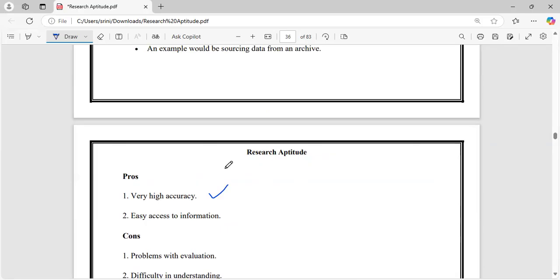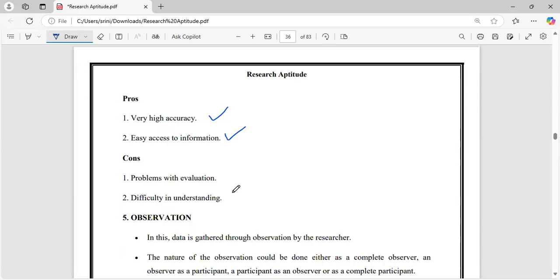So it has high accuracy, and easy access to information is available. Disadvantages include problems with evaluation and difficulty in understanding, because it is collected by others for their own research question.